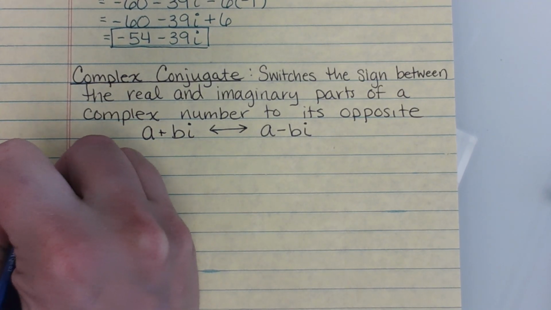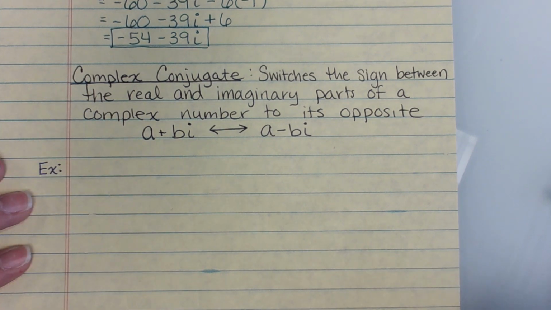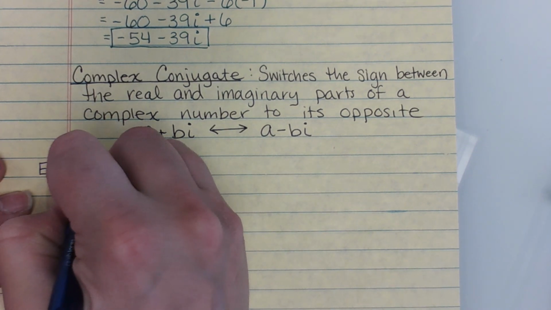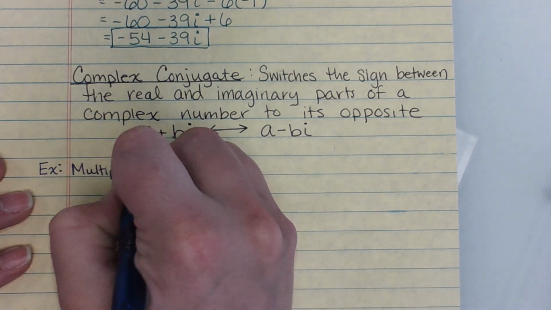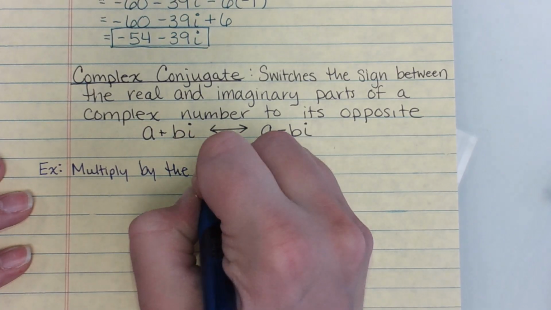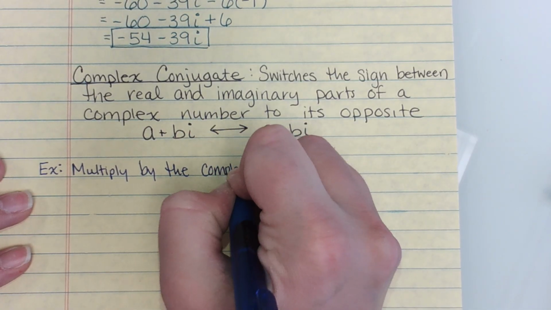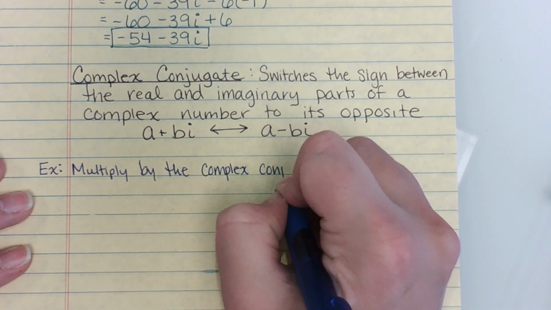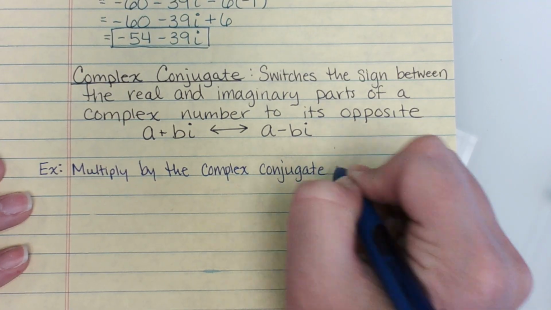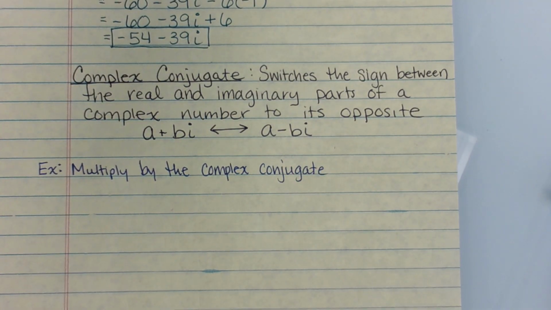So recognizing complex conjugates is going to help us with some of that. So you're going to see some questions that say multiply by the complex conjugate, or find the product of this and its complex conjugate.